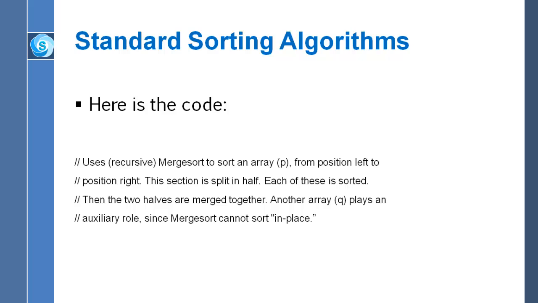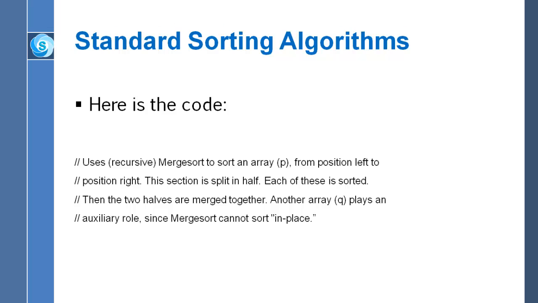So we'll need to specify the left and right indices for that subarray. Okay? That subarray will then get split into two further subarrays that are nearly as equal as possible.